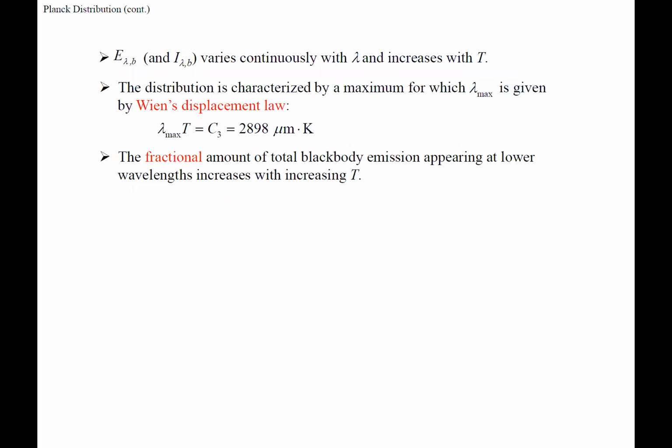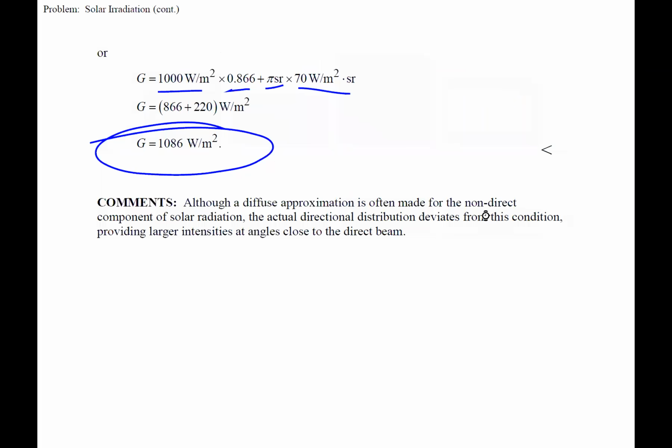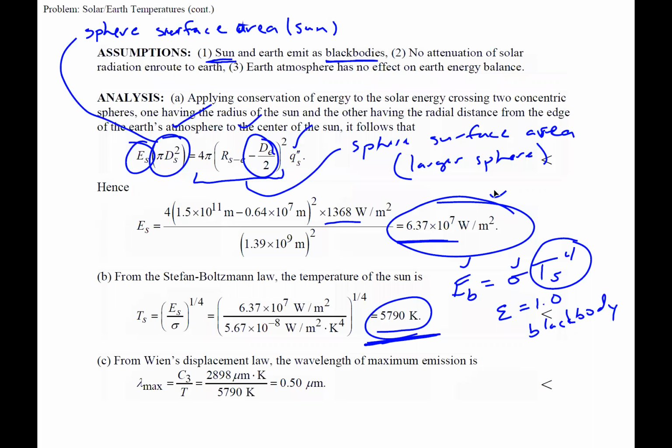You can also see it here. This stays the same. If we want this value, all we have to do is put in our 5790 for this and divide 2898 by 5790 Kelvin. And that's what you see right here.